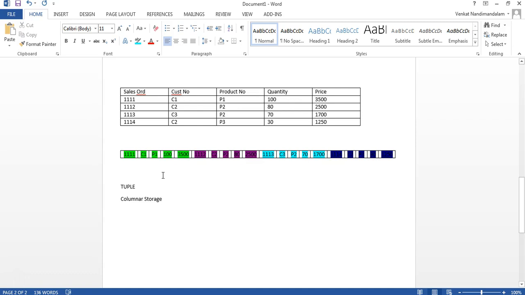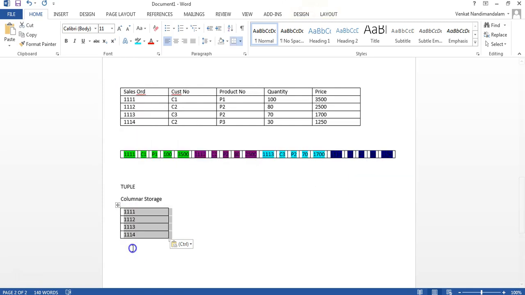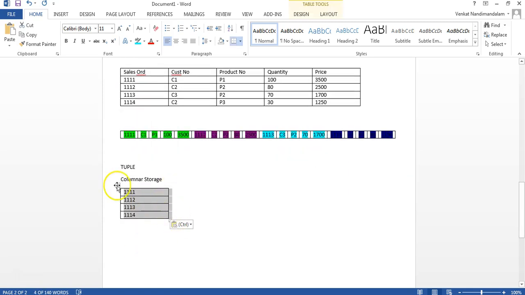How columnar storage stores data at the database level is, it doesn't store data like this, but it stores data like this. So now in columnar storage, the tuple means this. So this one will become a tuple now.